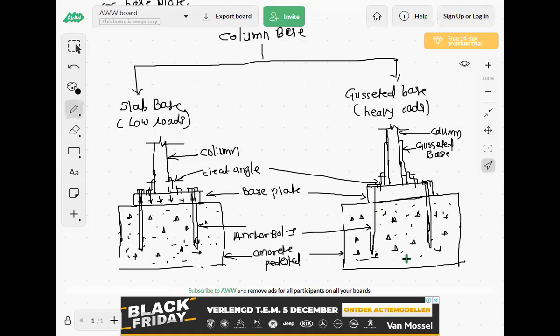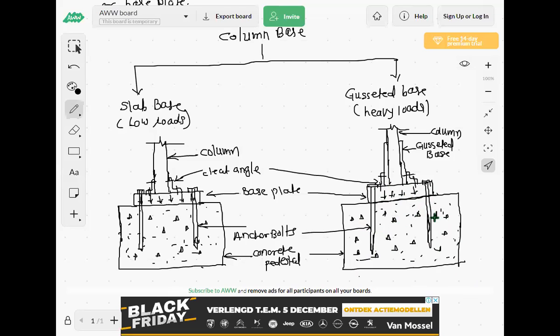This is the concrete pedestal. This concrete pedestal is resting on the ground. On this concrete pedestal, this gusseted base is provided. The base plate is provided, and the base plate and concrete pedestal are connected by these anchor bolts.